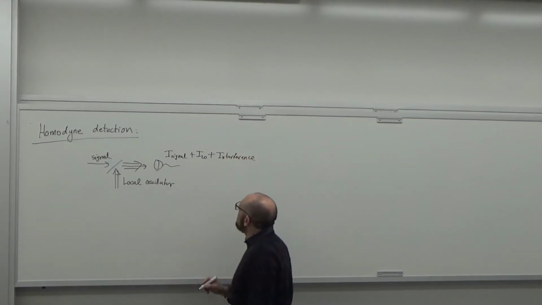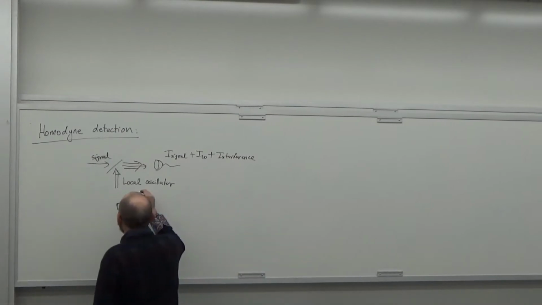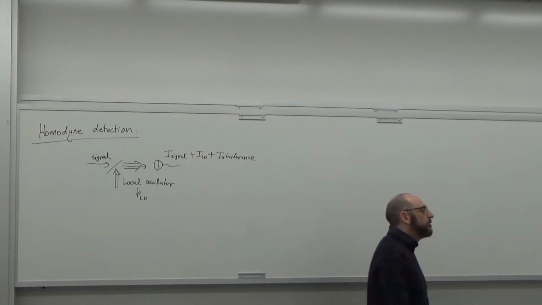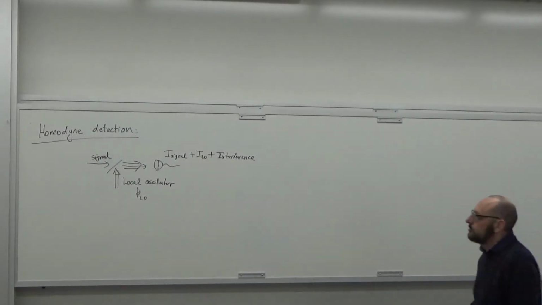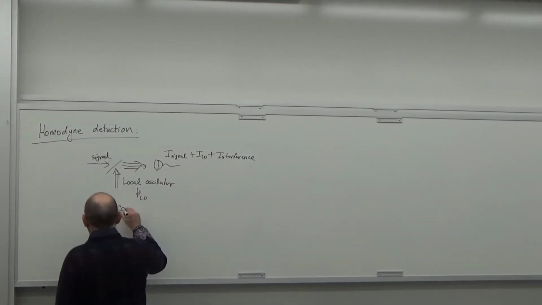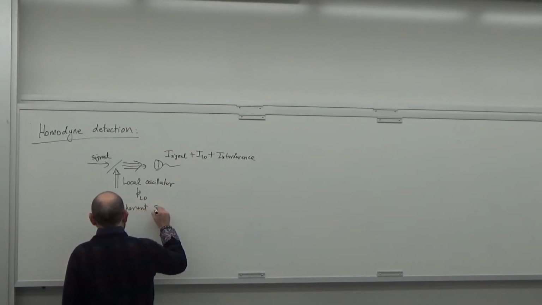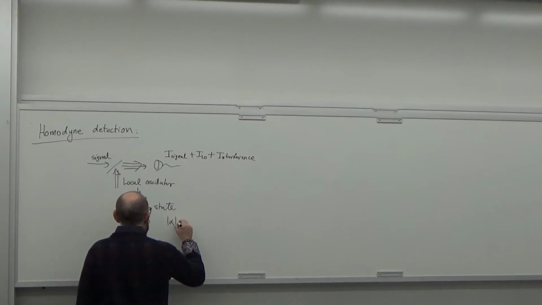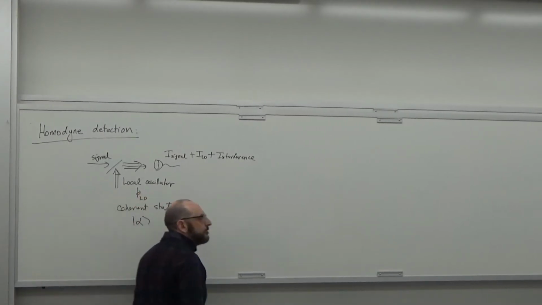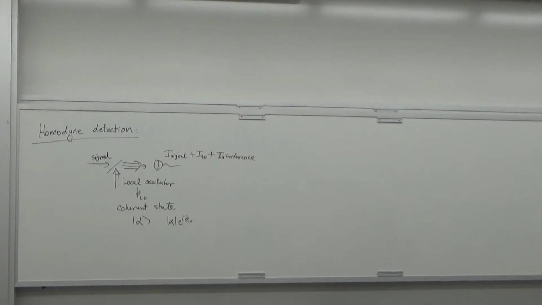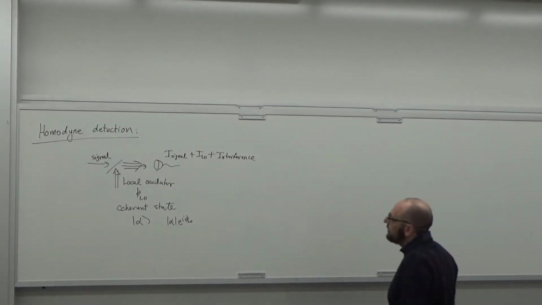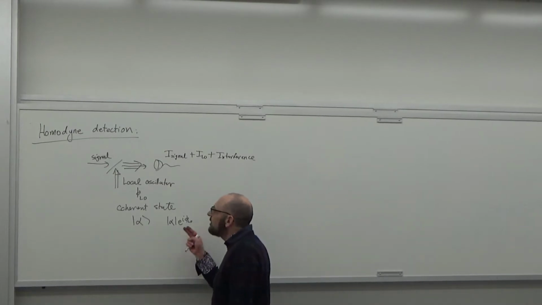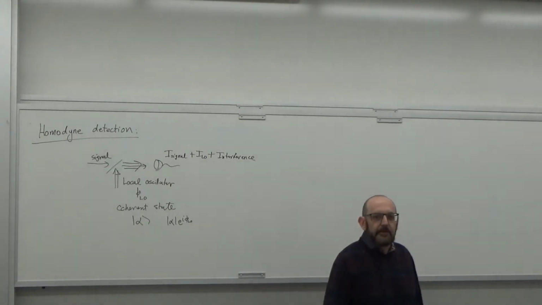And that interference term depends on the phase of the local oscillator. So this local oscillator is assumed to be a coherent state, which has some phase. Okay?